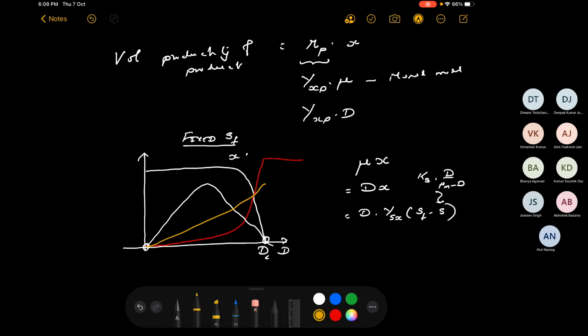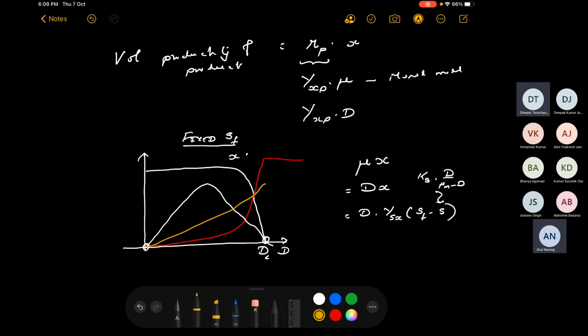How did you tackle the batch part? When you did the differentiation, did you get an expression? Did you actually differentiate it and find the optimum D?